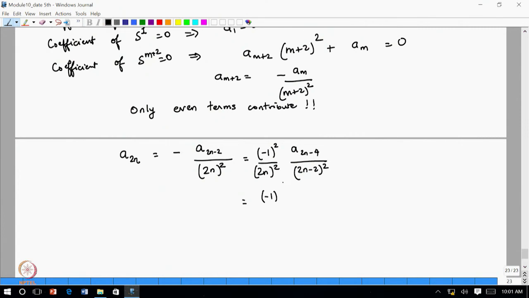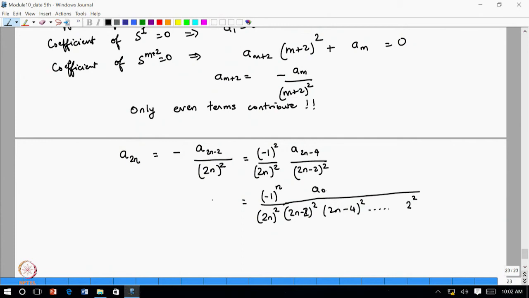So, I go all the way up to a 0. When I reach a 0, then I cannot go any further. So, I can write it as minus 1 raised to n divided by 2n square, 2n minus 1 square, or 2n minus 2 square, 2n minus 4 square, all the way up to 2 square times a 0.